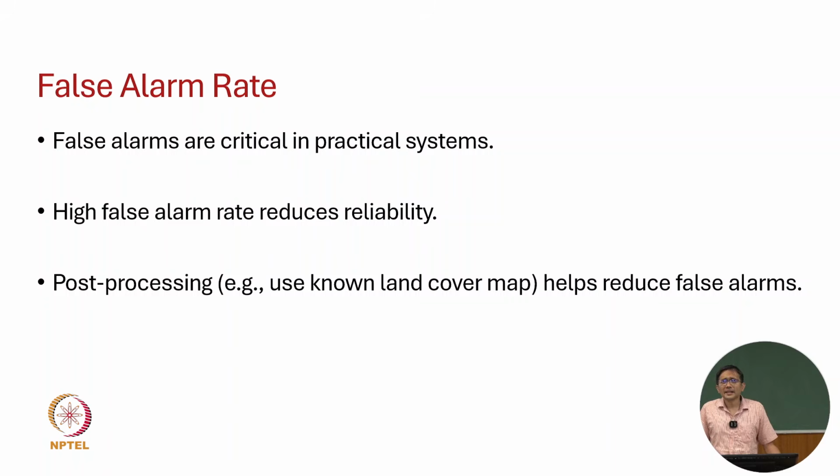It could be, let's say, anomalies are happening in the water. So maybe we have some kind of water detection algorithm, and with that we have the land cover map. So we just remove those pixels which belong to water. This kind of post-processing will need some background knowledge about the target area, of course.